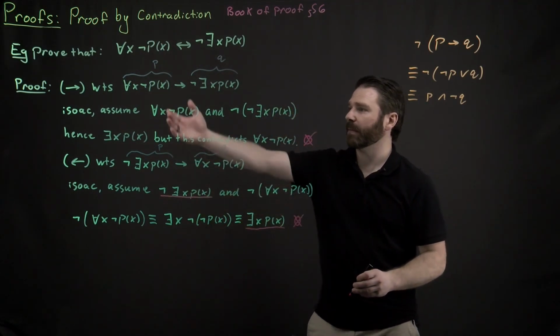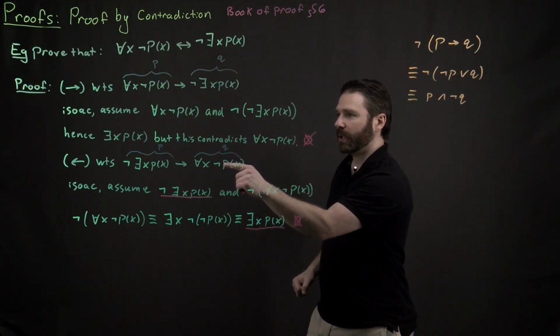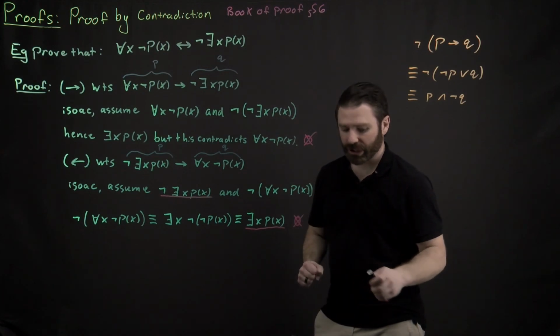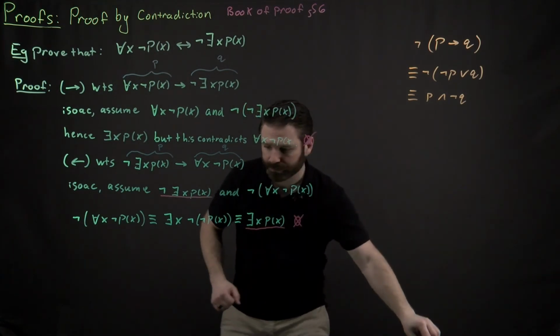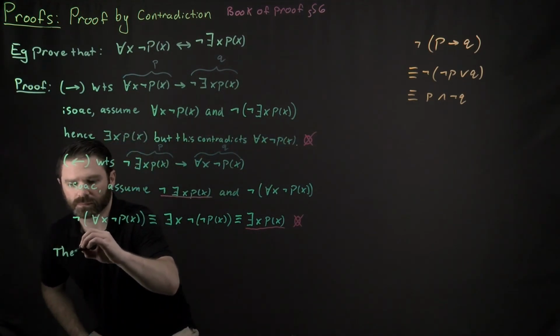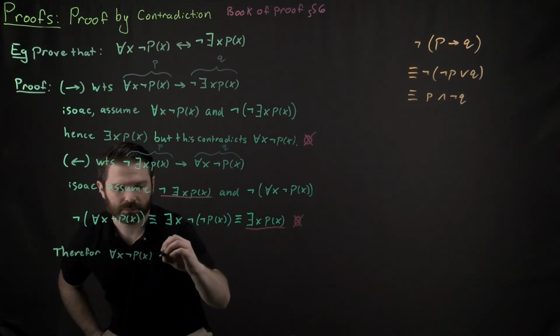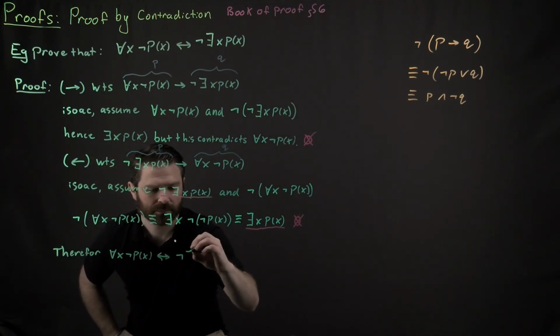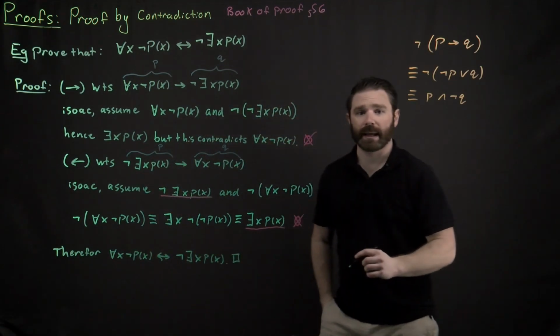And so, since I've been able to show both my forward direction and my reverse direction, both by using a proof by contradiction, I can therefore conclude that my original statement is true. And I am finished.